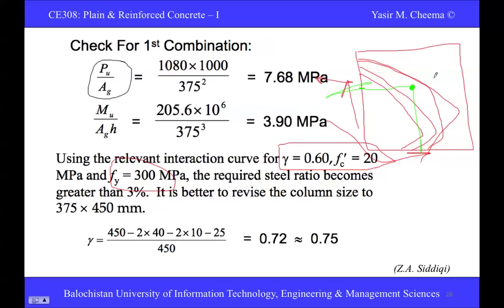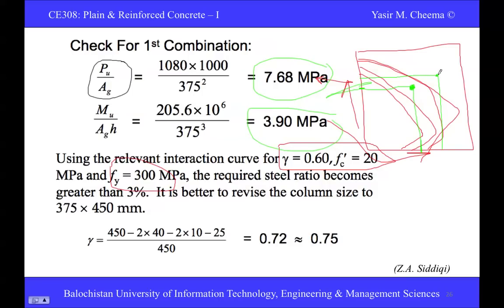It means it comes somewhere here. Let's say this one is the 3% curve, and the value found using this data comes somewhere here. For this example, for the values 7.68 and 3.90, the steel ratio comes to be more than 3%.